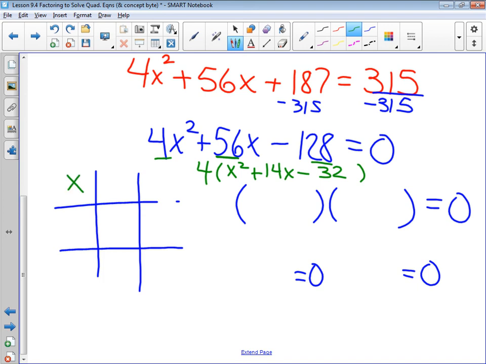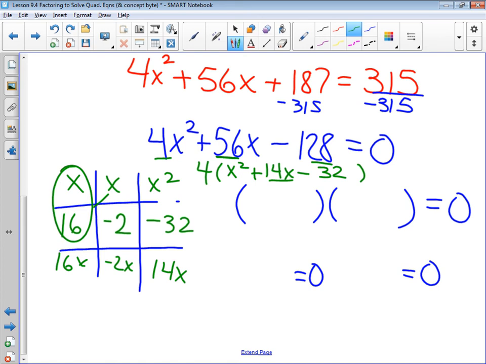To get that, I multiply x times x, which is x squared. To get negative 32, I'm going to multiply 16 times negative 2, which is negative 32. Cross multiply, I get 16x and negative 2x, which is positive 14x, which is what I want.